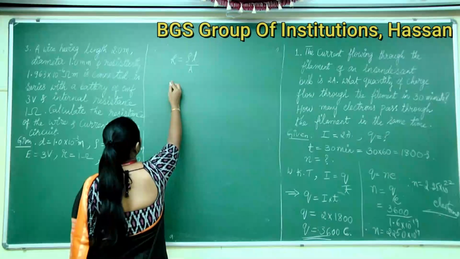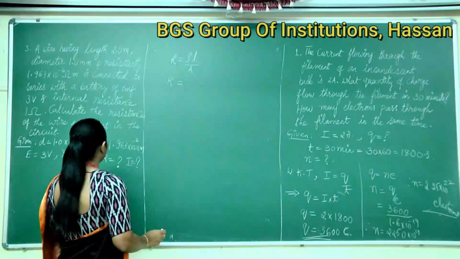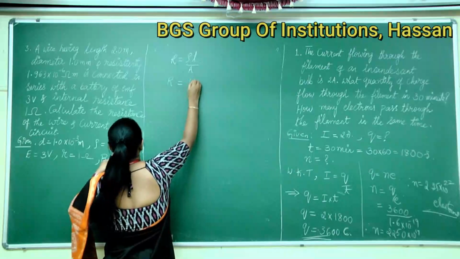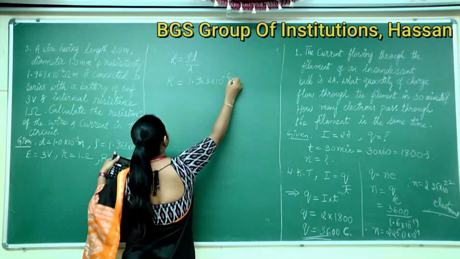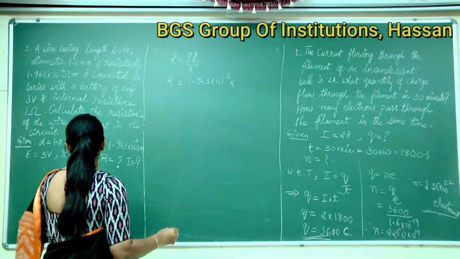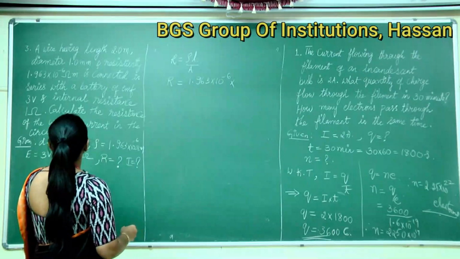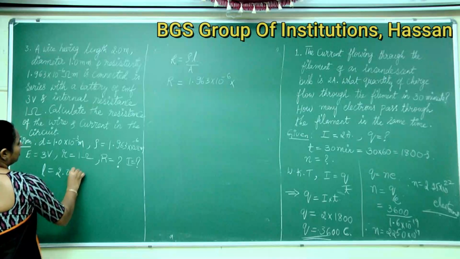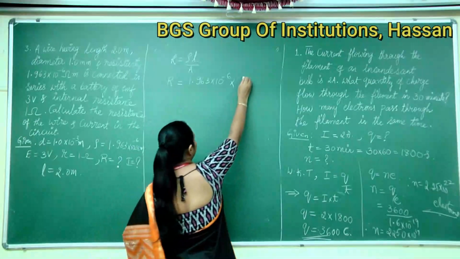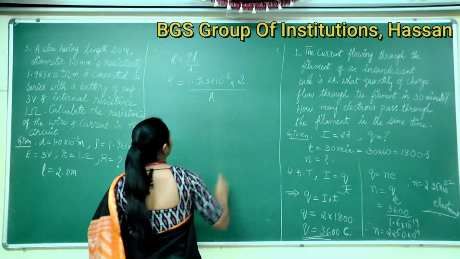So here to find R, the value of rho, the resistivity, is known: 1.963 into 10 power minus 6 into length, also they have given, 2.0 meter, it's in meter itself, 2 divided by area.